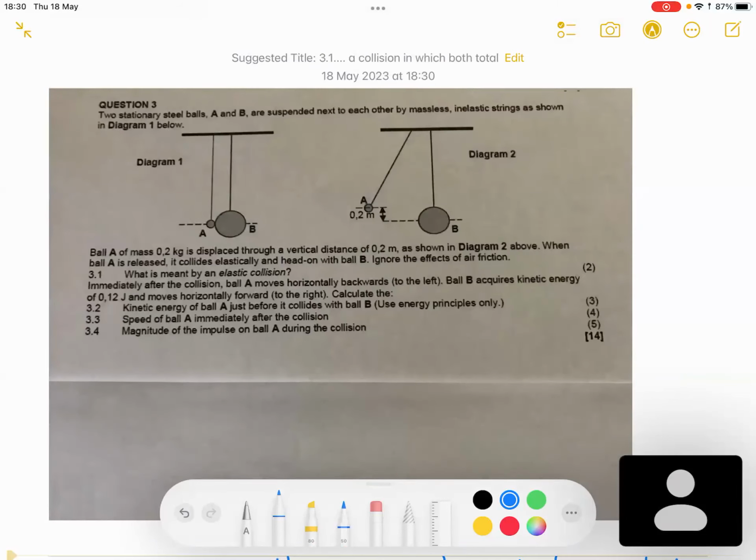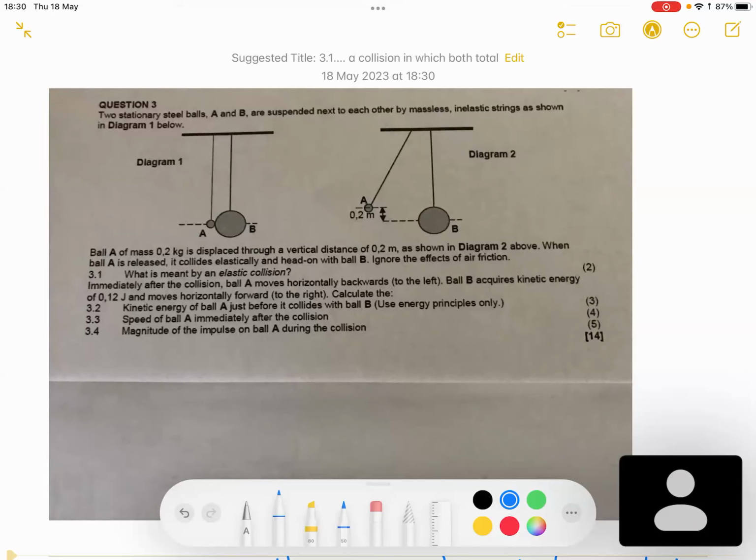Okay, so immediately after, let's just remind ourselves again. Ball A of mass 0.2 kilograms is displaced through a vertical distance of 0.2 meters. When ball A is released, it collides elastically and head-on with ball B. Immediately after the collision, ball A moves horizontally backwards, so to the left.